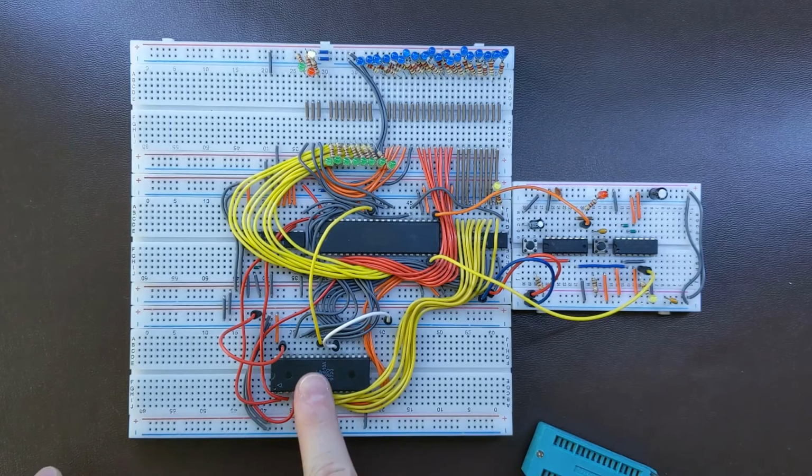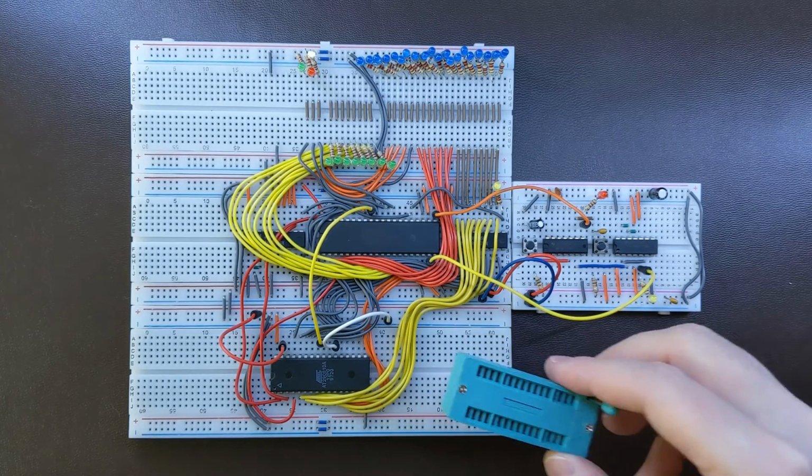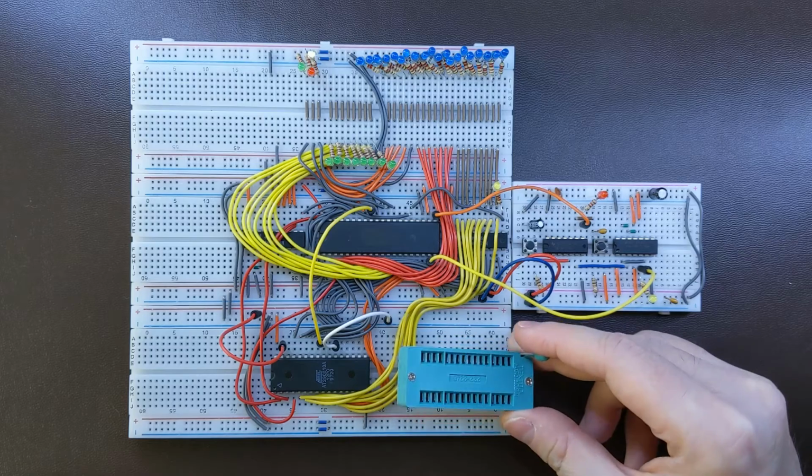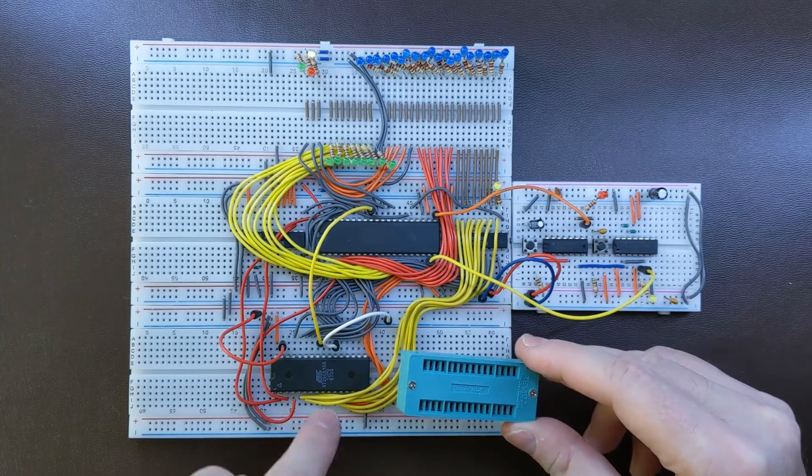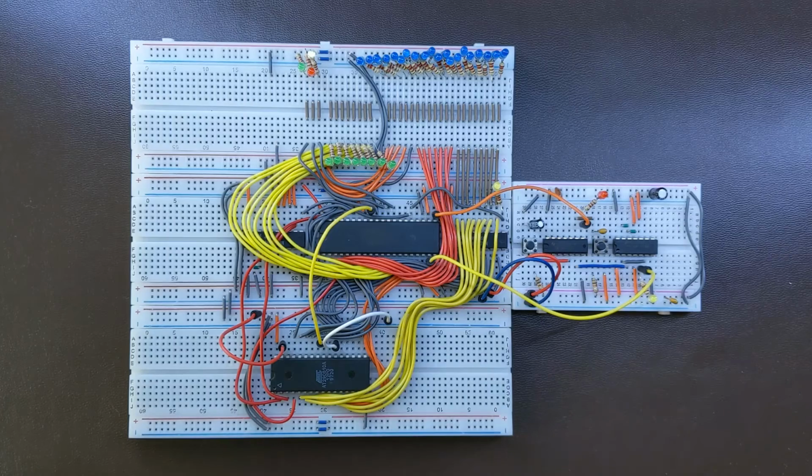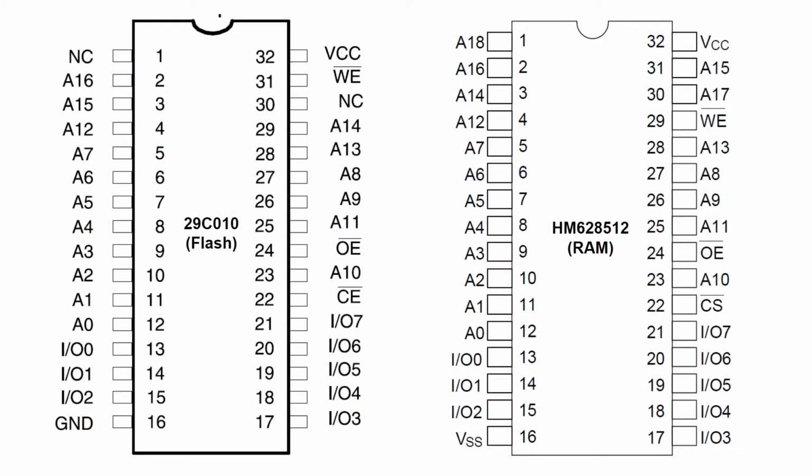So I thought if I moved the flash to this edge of this breadboard, then I will replace it with the RAM in the middle, which means I need to change a few wires because most of the pins are the same in both memories, the flash and the RAM, but there are 3 differences: A14, A15 and write enable are swapped over. And also, of course, in place of non-connected 2 pins in the flash, we now have the 2 additional address lines, A17 and A18.